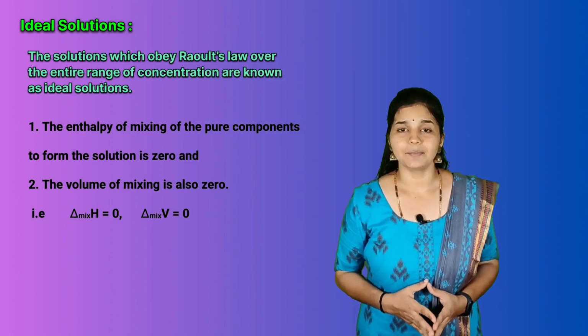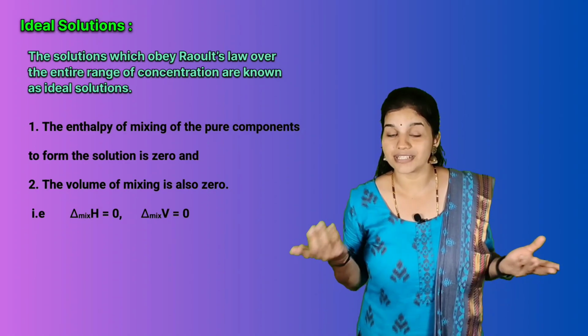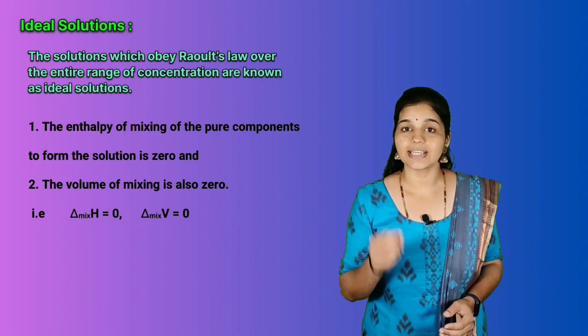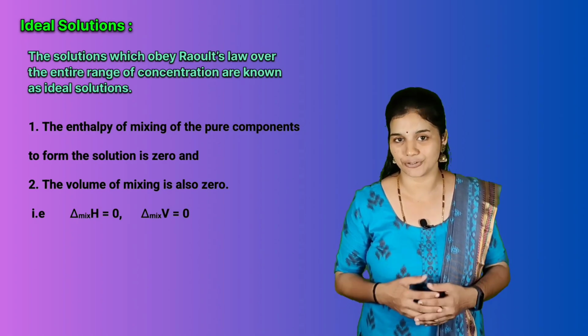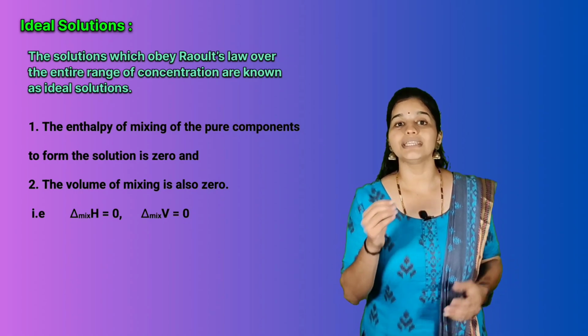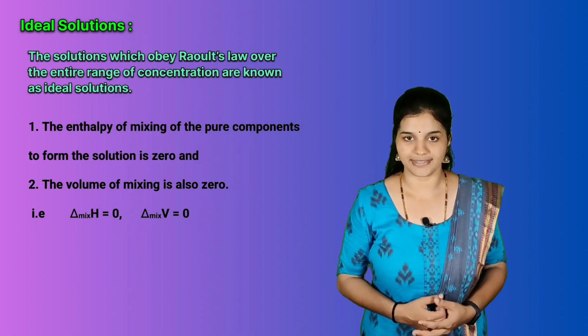What do we understand by this? It means that no heat is absorbed or evolved when the components are mixed together. Also, the volume of the solution would be equal to the sum of the volumes of the two components.